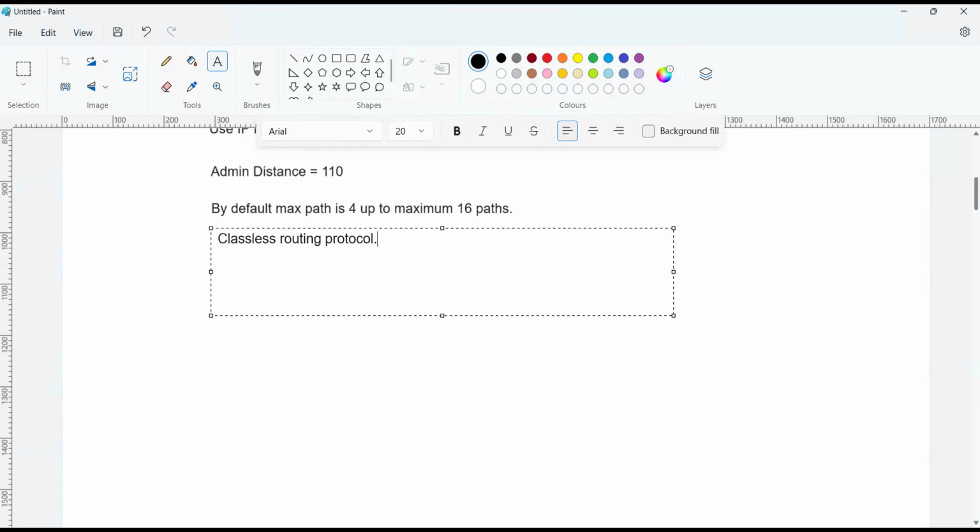Anyone can answer it. Yes, go ahead. Classless routing protocol. Prefix. Yes, prefix. Give the full answer.